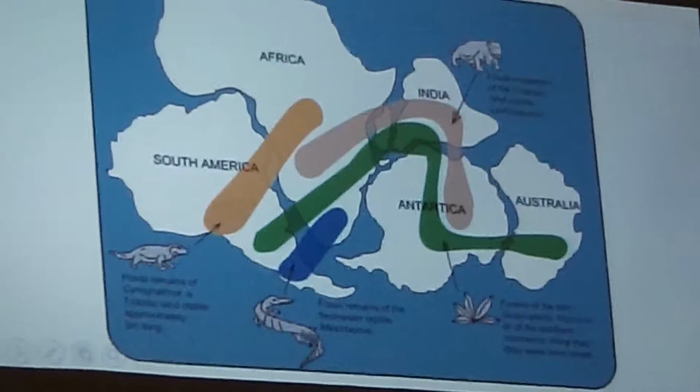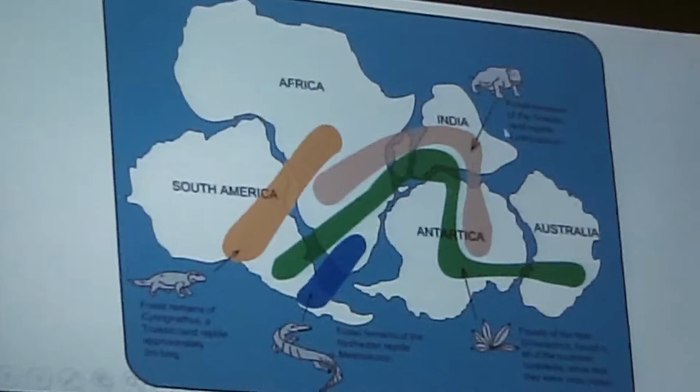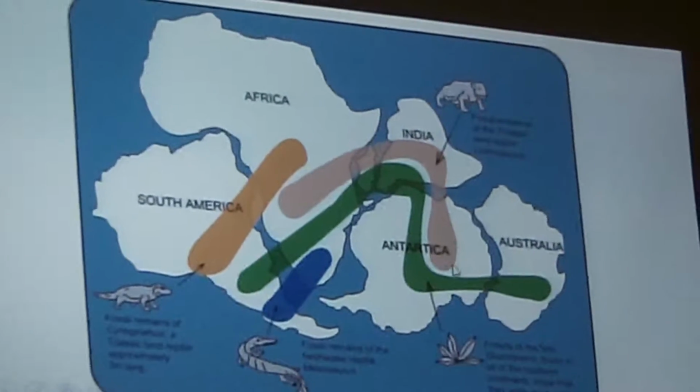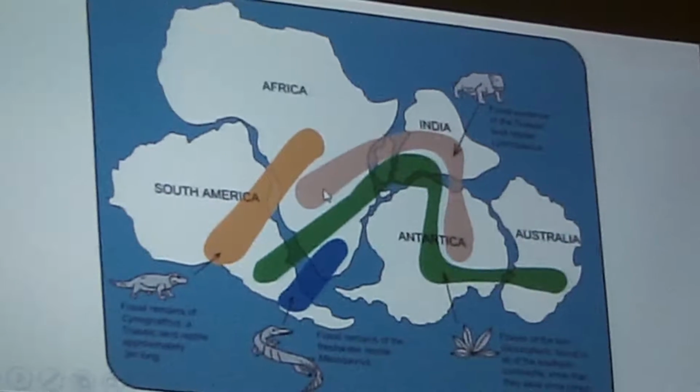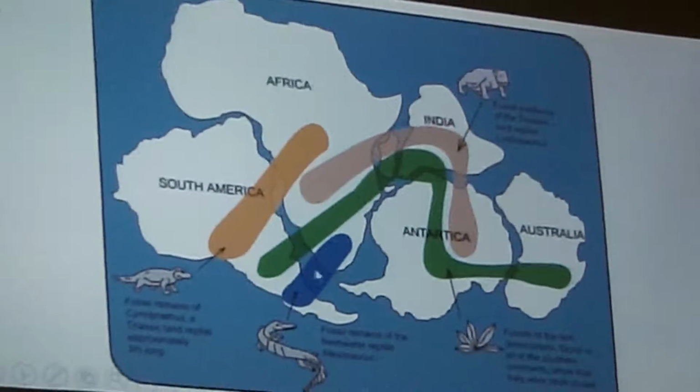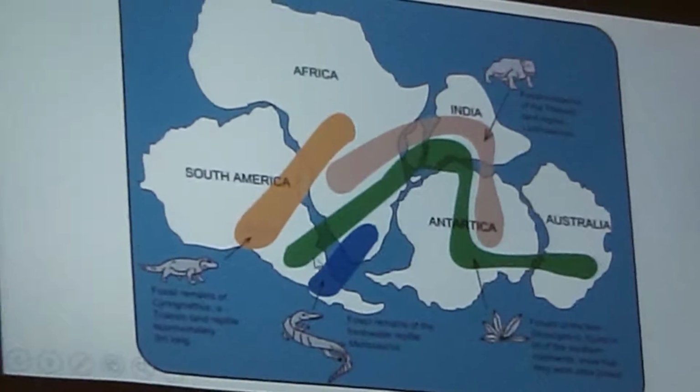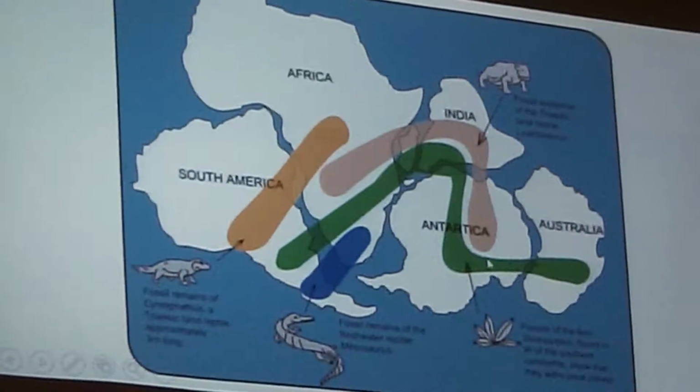You find another type of fossil, Lystrosaurus, and it's spread. You find it in Antarctica, you find it in India, you find it in Africa. And so you can see this type of fern is spread through these different areas.